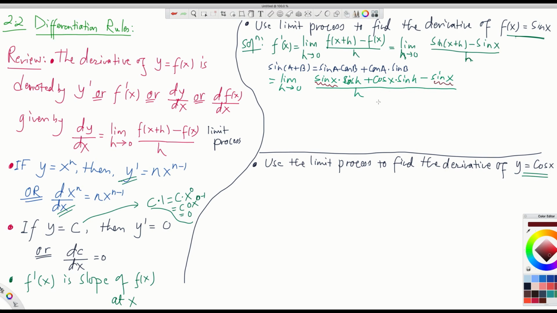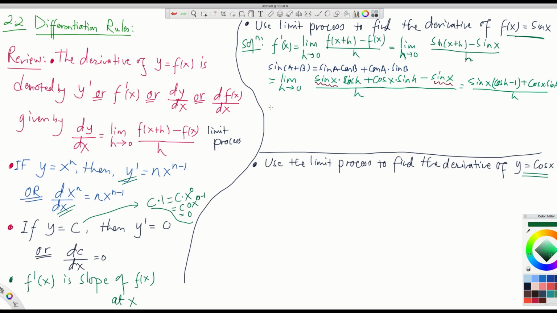I want to factor sine x out from those two terms and keep the middle term the same. So this is equal to sine x times cosine of h minus 1, plus cosine x sine h. There is a times in the middle and there is an h in the denominator. So what I want to do next is split the denominator.